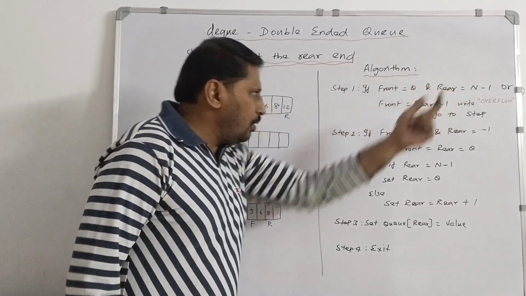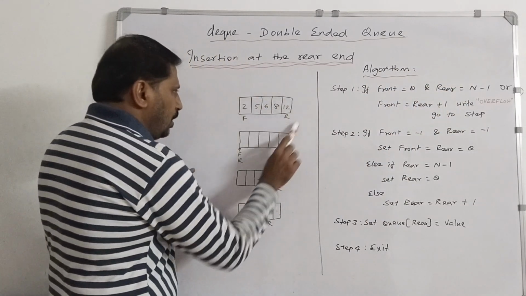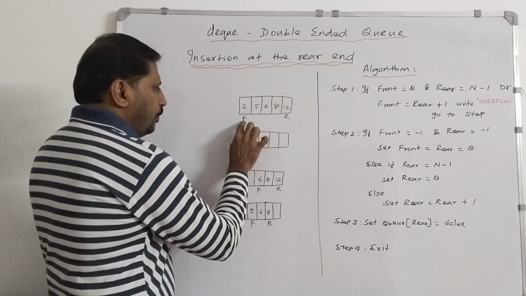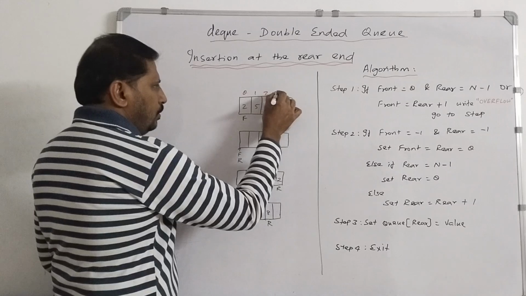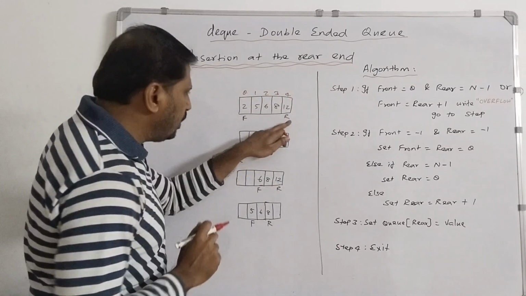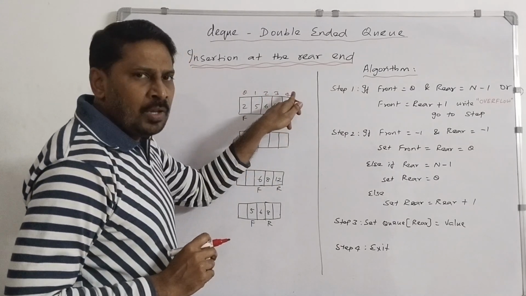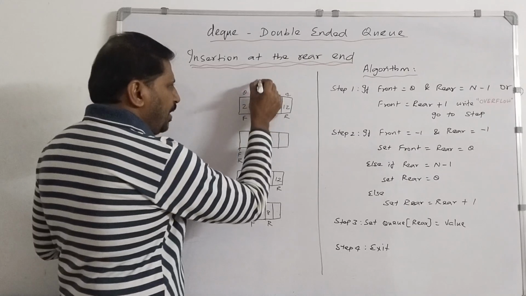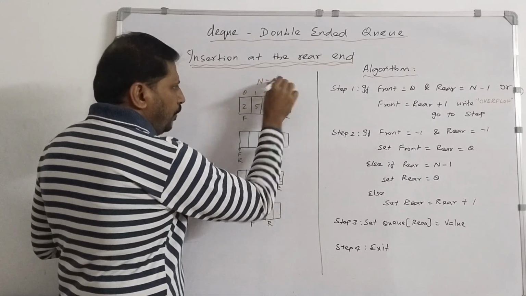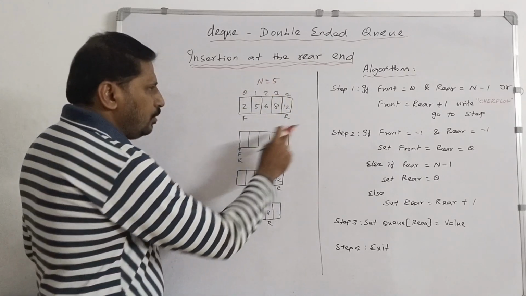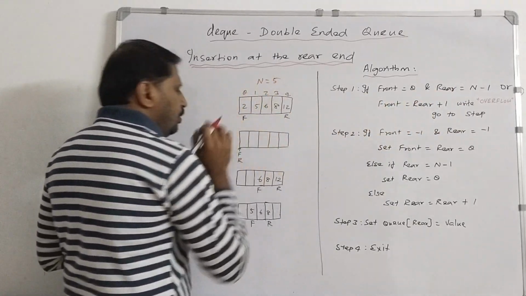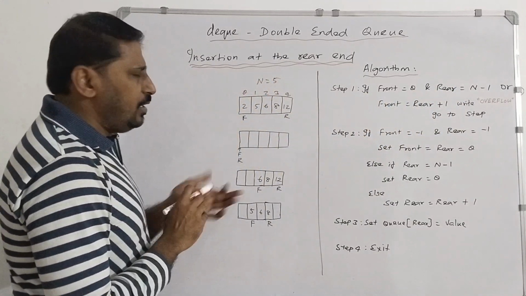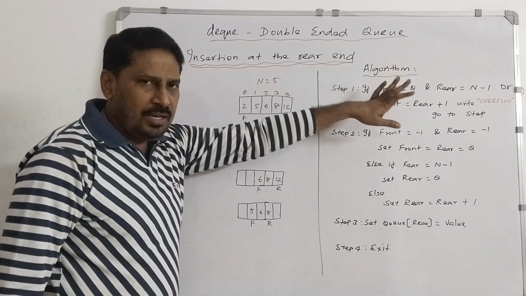Front equal to 0 and rear equal to n minus 1 means this is the picture: front is in the 0th position, 0, 1, 2, 3, 4, and rear is in the 4th position. So what is the capacity n? n equal to 5. Rear is in the n minus 1th position and front is in the 0th position. It means that it is already full.